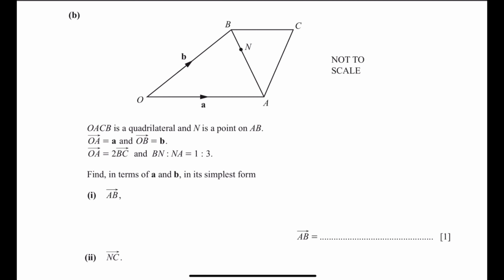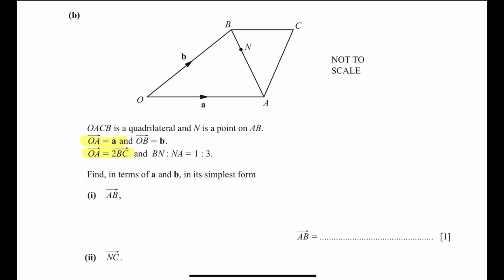B. OACB is a quadrilateral, and N is the point on AB. Then OA equals to a. This is the OA, and OB equals to b. Okay. Then there are ratios given.